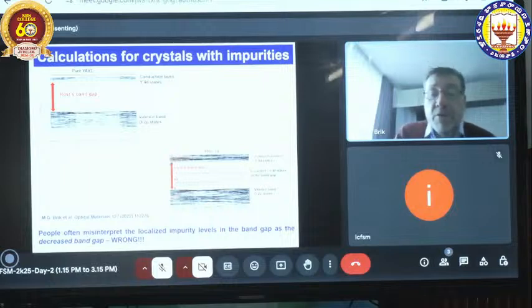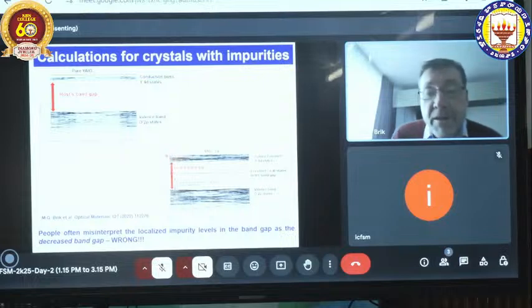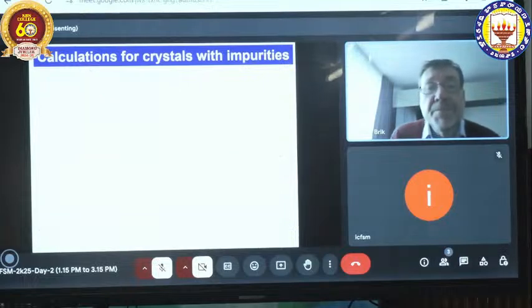But that is still a first unoccupied state of the impurity. The true band gap is not modified if you introduce a small amount of impurity, about 1%. You simply produce localized states in the band gap. So again, the band gap is not decreased by 1% of impurity. You simply have the impurity states here, and the band gap is still the difference between the conduction and the valence bands.